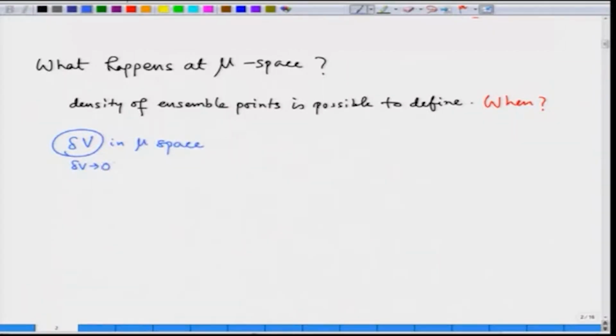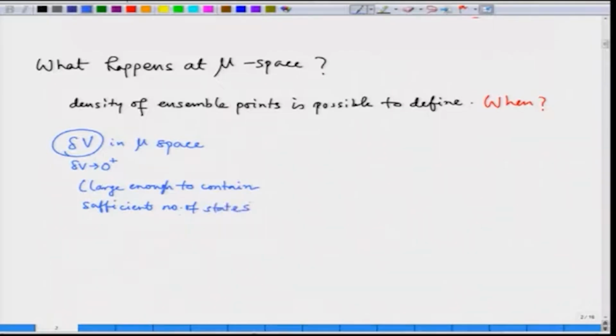I write delta V tends to 0 plus because delta V is a very small volume element with respect to the total volume accessible in mu space, but delta V is sufficiently large, large enough to contain a sufficient number of states.